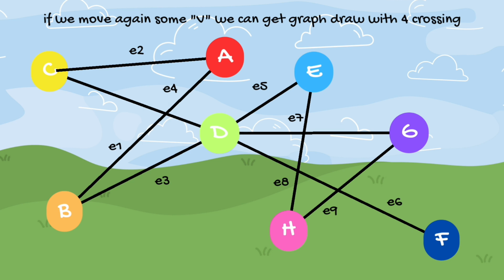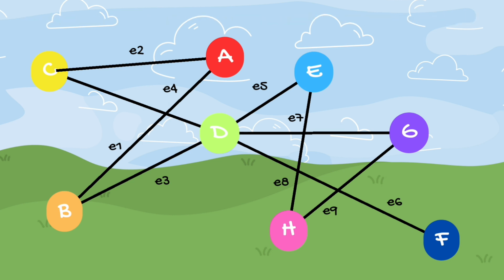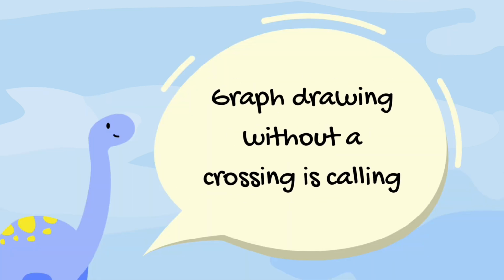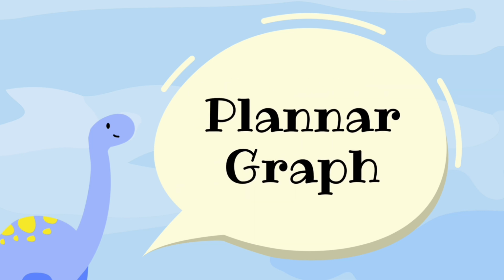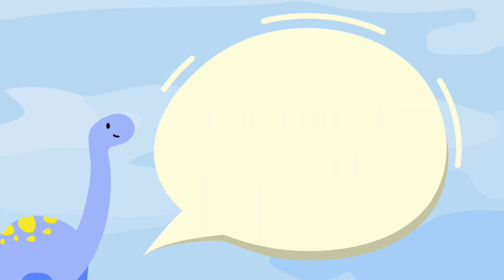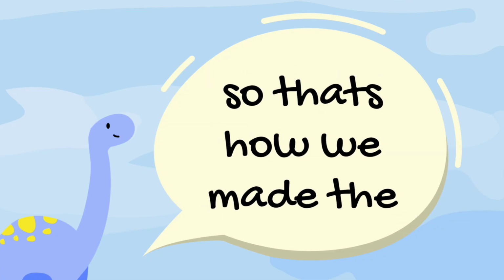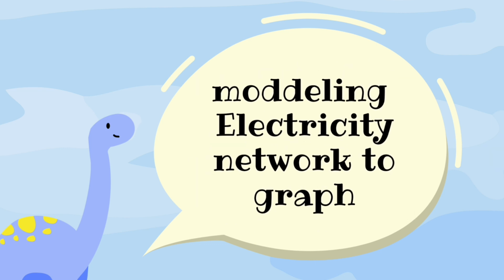And then, if we move some V again, we can get a graph drawing with 4 crossings. A graph drawing without a crossing is called a planar graph. Okay, now we can see several variations of graphs, starting from planar and the others. So, that's how we made the modeling of an electricity network to a graph.